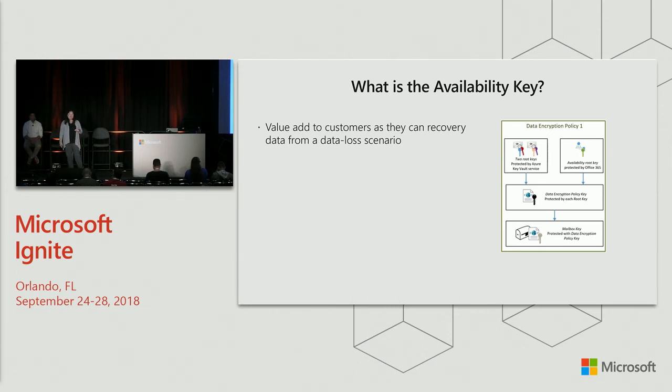We use the availability key to be a third root key that can wrap this data encryption policy key. So any one of the 3 keys that is available to us, we can use to unwrap the data encryption policy key, and therefore unwrap the mailbox key, which locks the data for us. So it allows for high availability in Exchange Online.